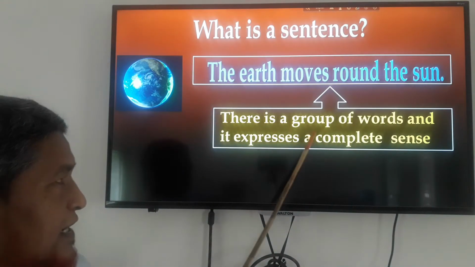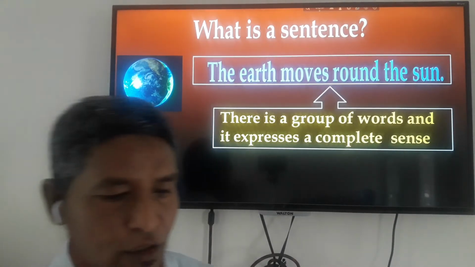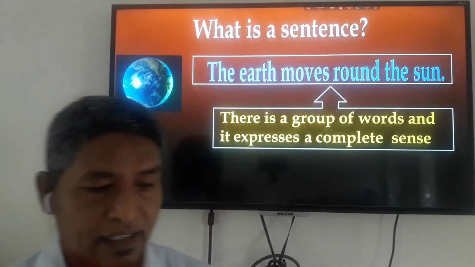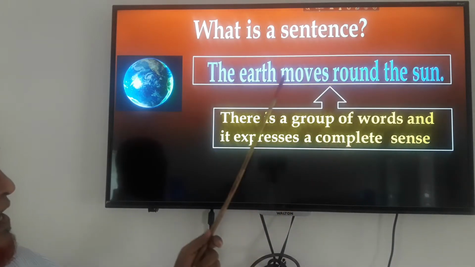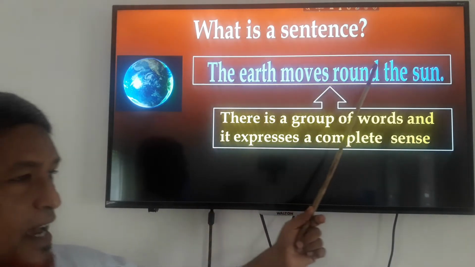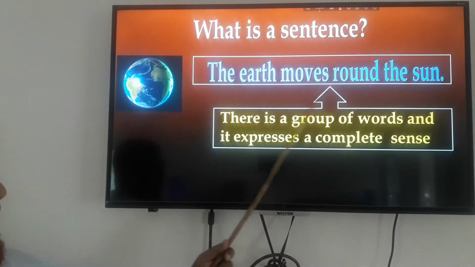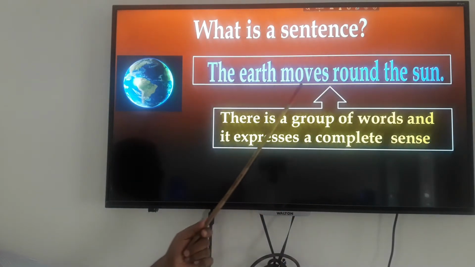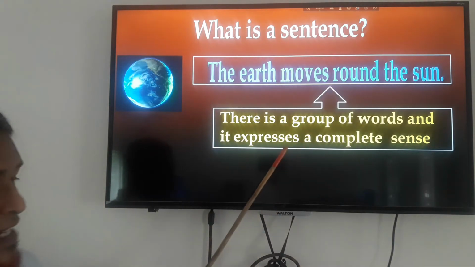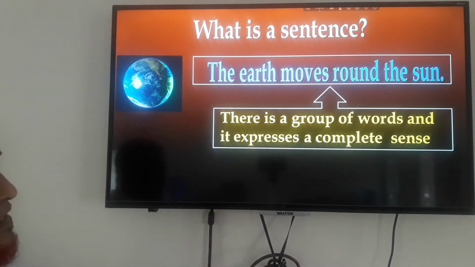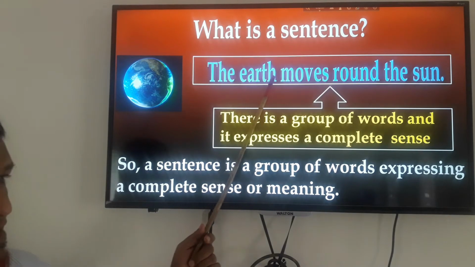There is a group of words and it expresses a complete sense. The sentence has some words and totally they express a full meaning or complete sense of the sentence. That's why it is a sentence.